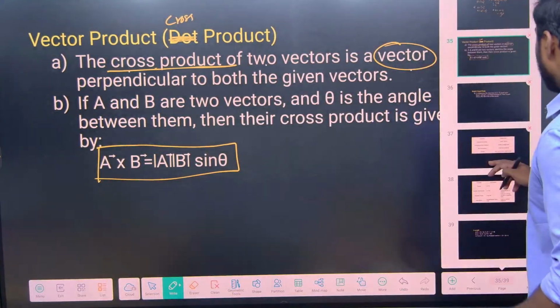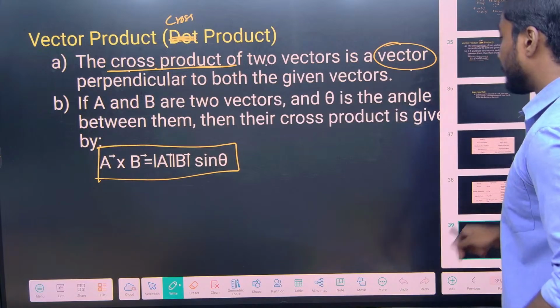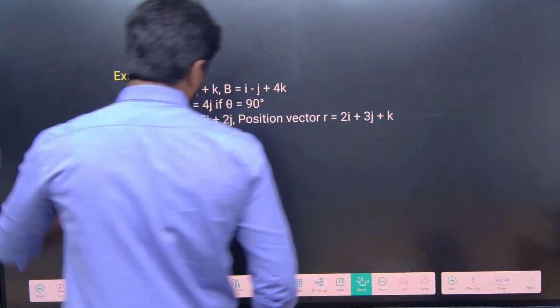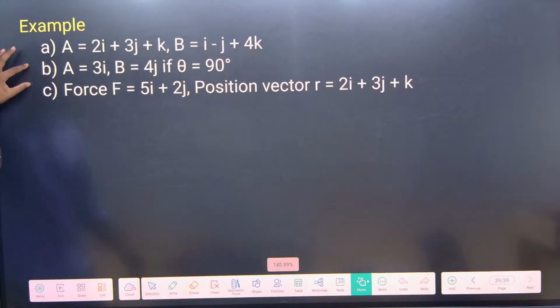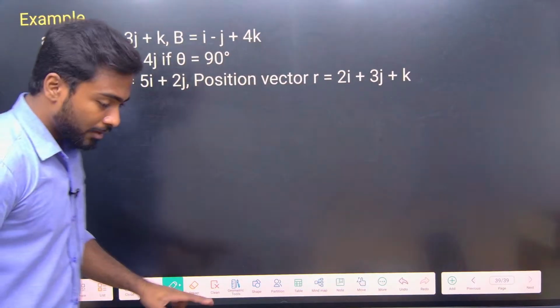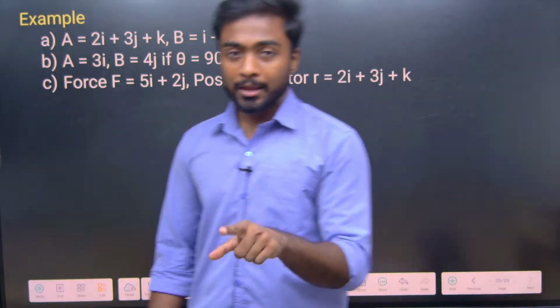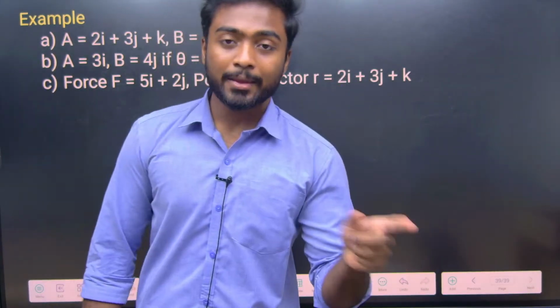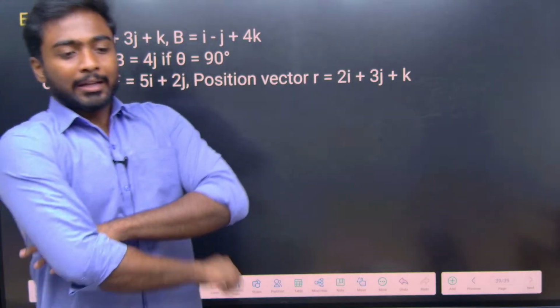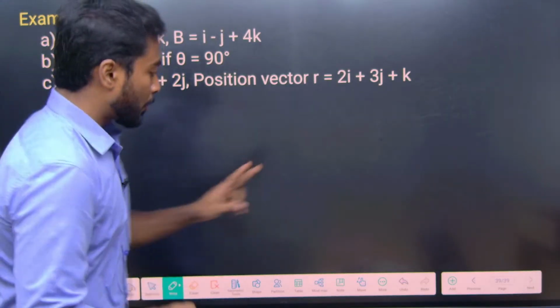Now we will talk about the problems. As I told you, i cross i will be 0, i cross j will be k, j cross k will be i, and k cross i will be j. And one more method I will tell, when two vectors are given.